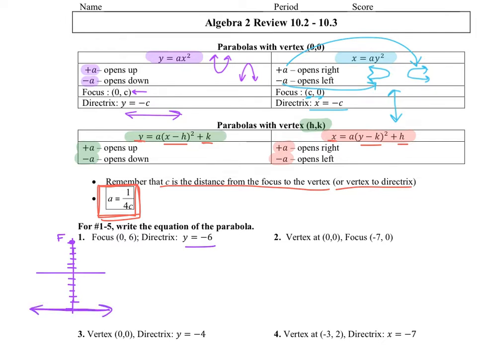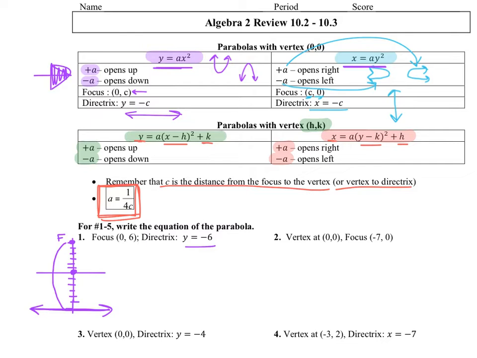Okay, so that means that if we went 12 units from focus to directrix, our vertex is going to be halfway in between there. So our vertex is at (0, 0), which means it's one of these equations up top, right? Those are the (0, 0) vertex equations, either this one or this one.